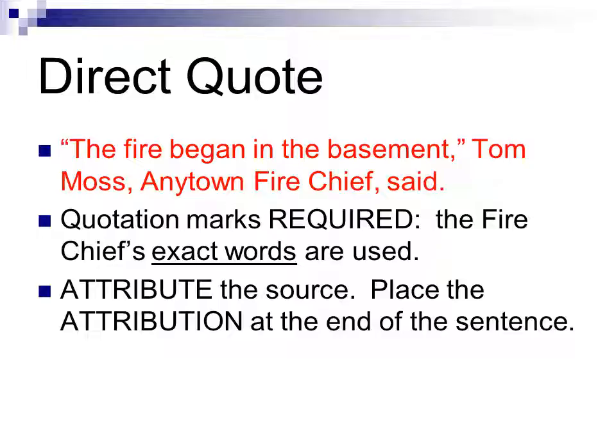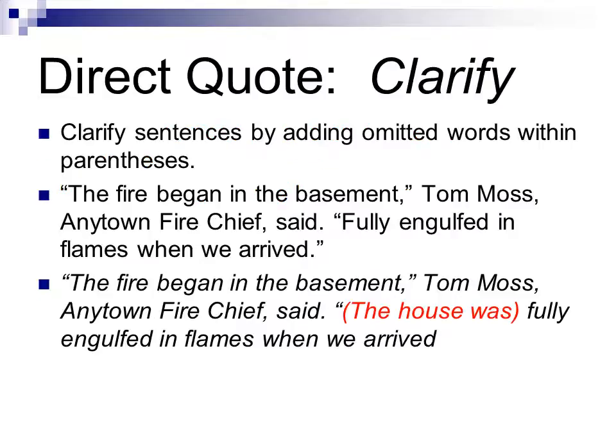So the fire chief says the fire began in the basement, and then we tell the reader who said that and what are his credentials. It's not only that we identify him by name, but we identify him by his official position. So this is a direct quotation as opposed to an indirect quotation. We use the direct quotation as a means of clarifying the facts of the story.